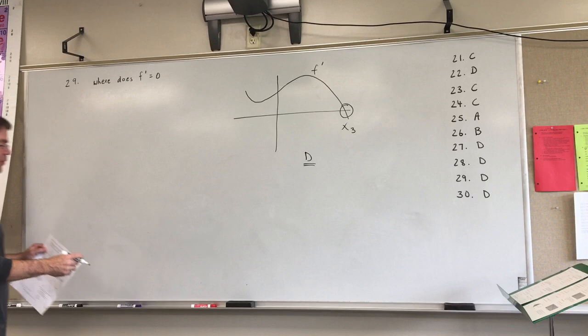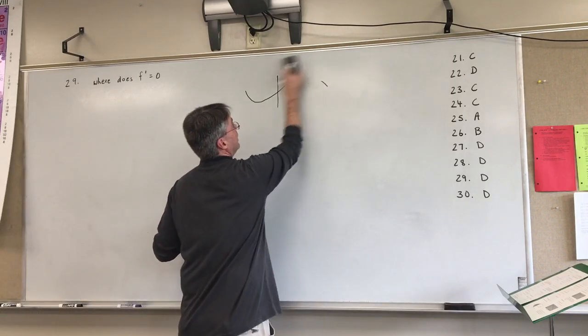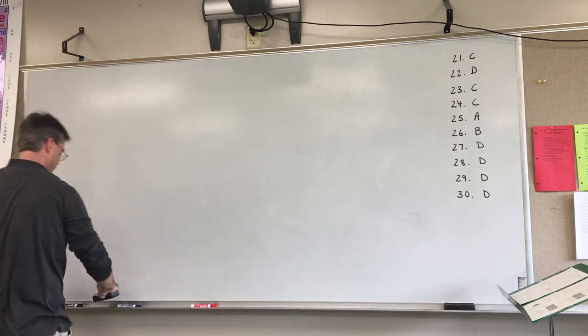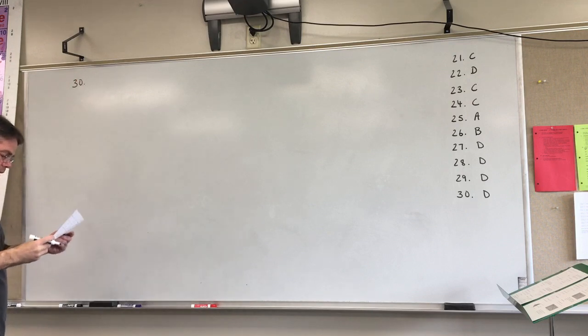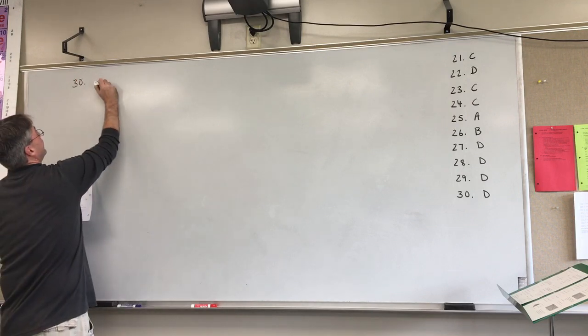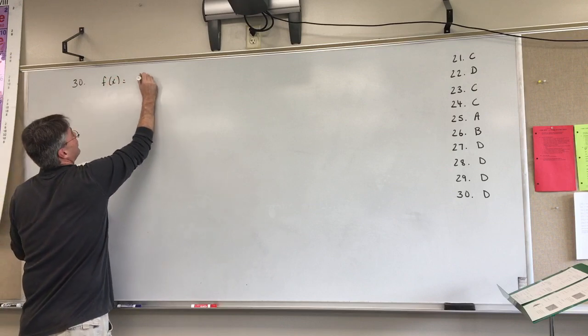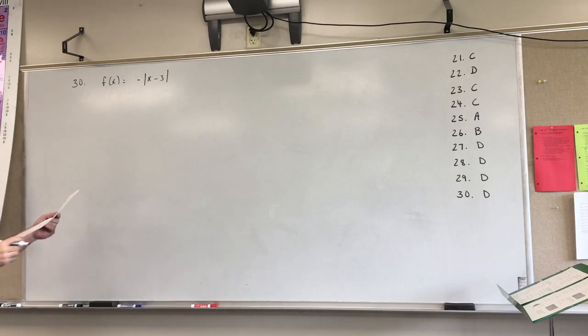All right, and number 30. It says f of x equals negative absolute value of x minus 3. Which of the following are true?